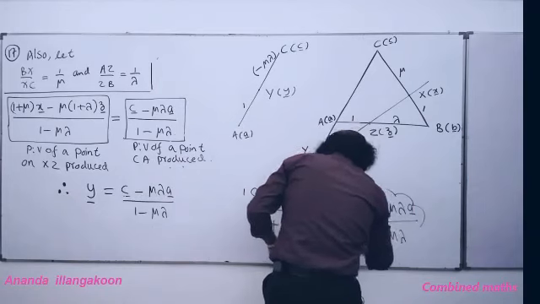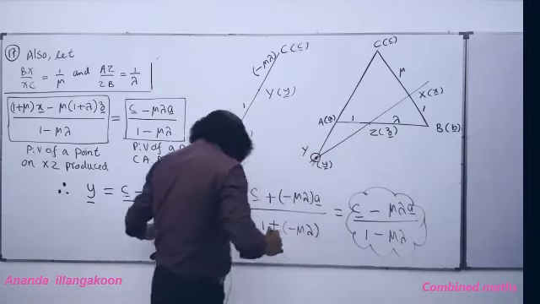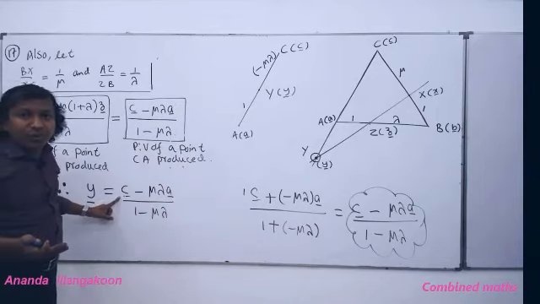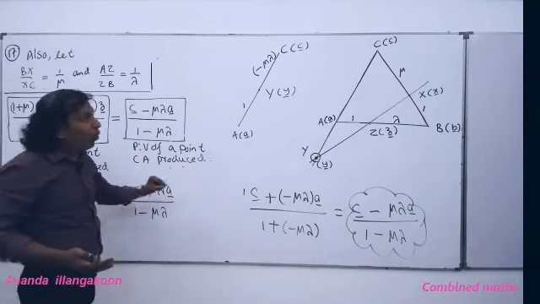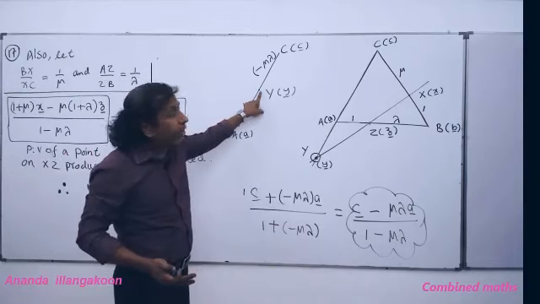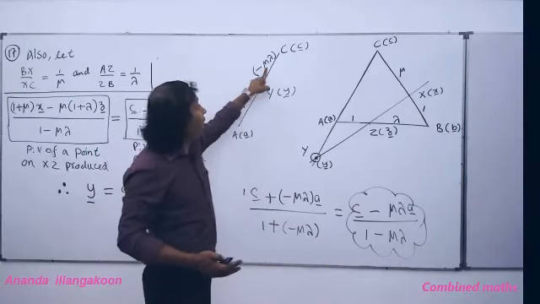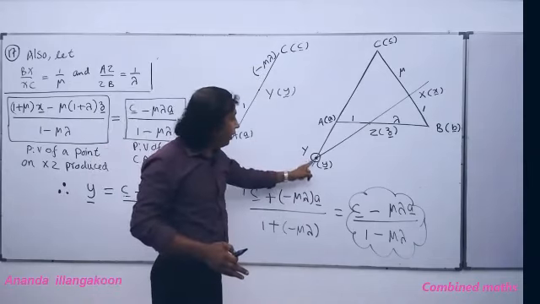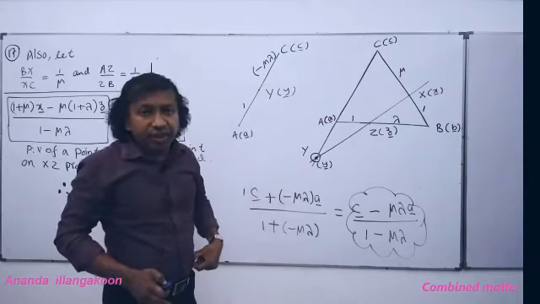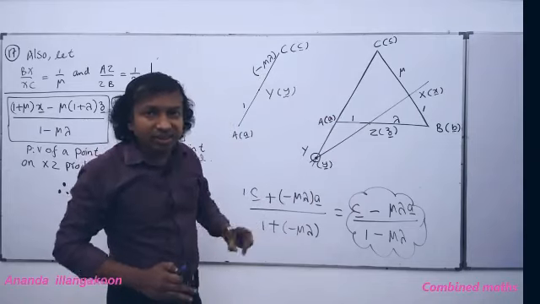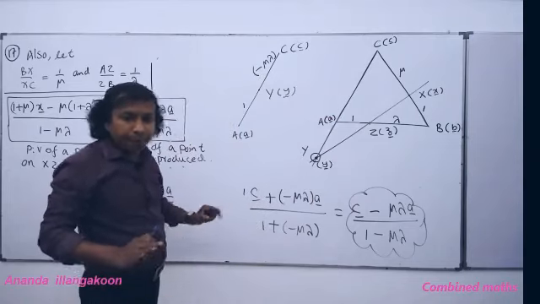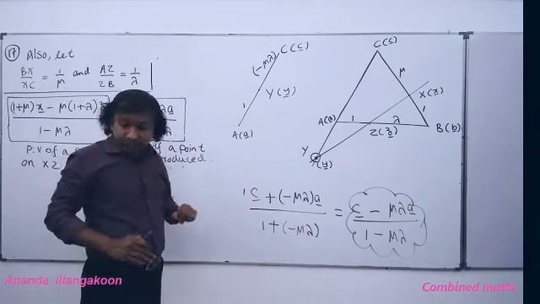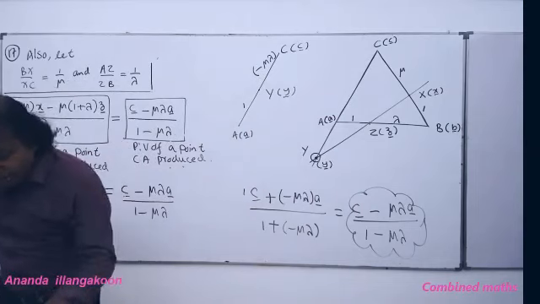What is that, people? The same thing. Then no harm to this statement, though we mark this Y in between C and A, because with this ratio we put minus. But the actual situation is Y is not between C and A. But to get our answer, this is not an obstacle.